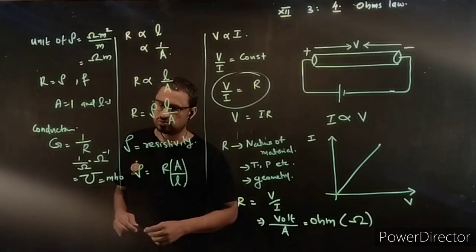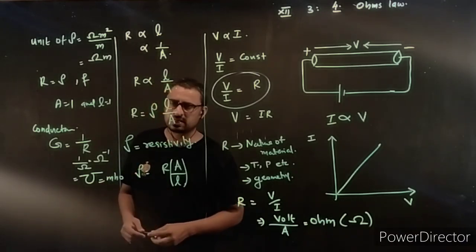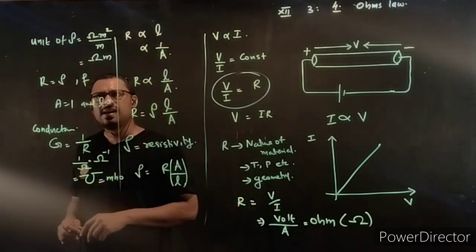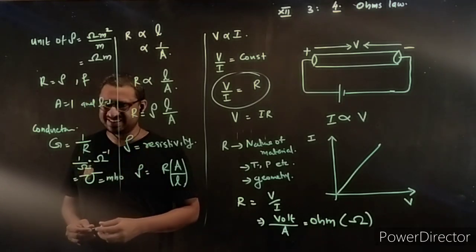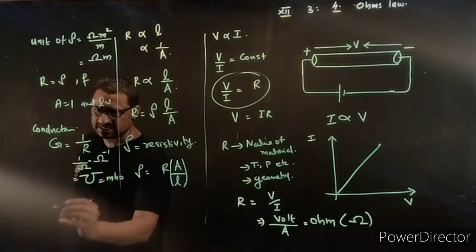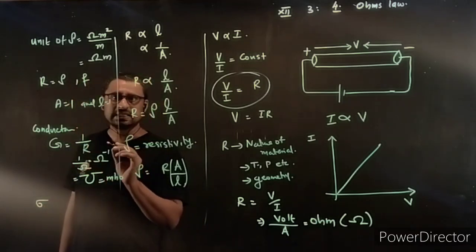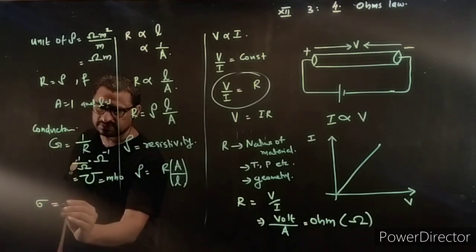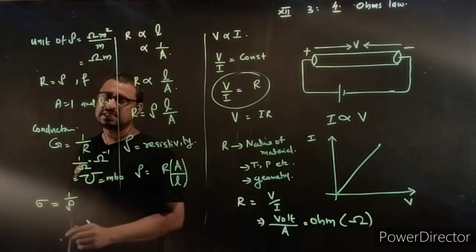Mho, and there is one other term, Siemens. Siemens is another name for it. Siemens is the name of an electrical equipment company, right? Now, next is the conductivity. This is conductance, and this is conductivity. Conductivity is the reciprocal of resistivity.